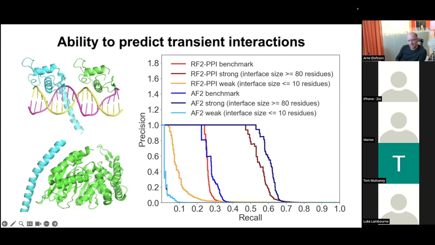To our surprise, our RoseTTAFold actually performed better than AlphaFold on these transient interactions. Although it's obvious both tools work much worse for transient interactions, RoseTTAFold showed the advantage over AlphaFold.